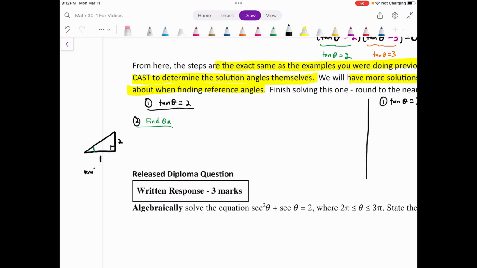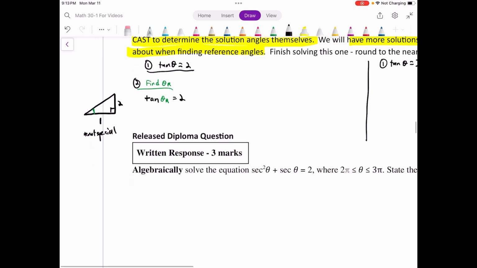Not special, which is okay, because we can do what we would typically do. We know that tan of whatever this reference angle is supposed to equal 2 to solve this equation. Right now, tan is an operation. We're taking the tan of theta r. So how do we undo tanning? What's the inverse operation of tan?